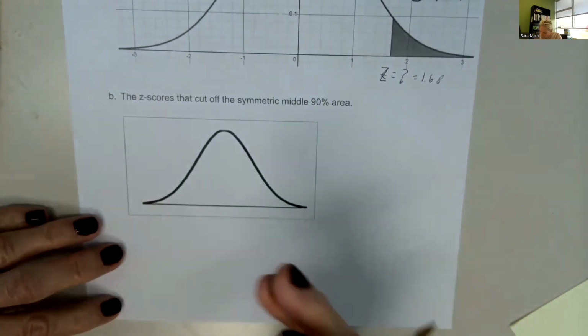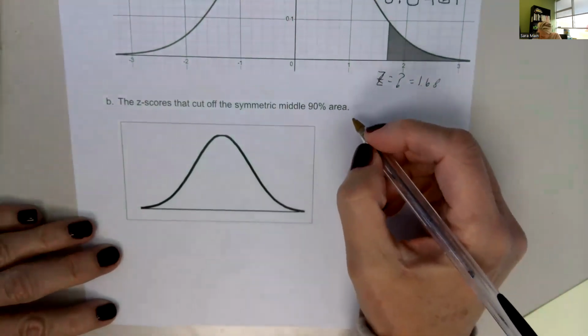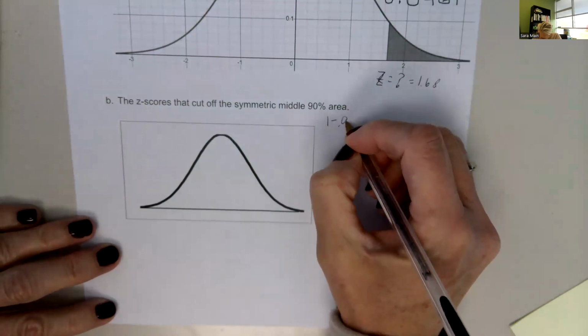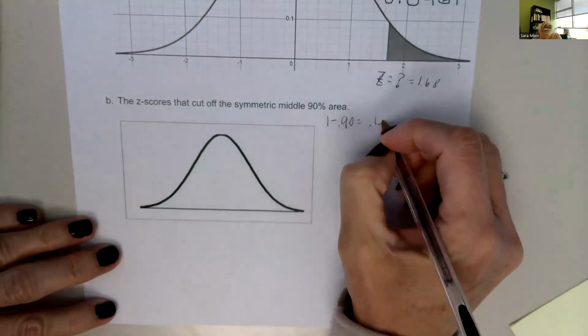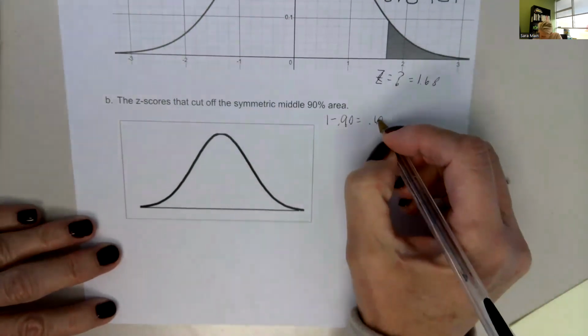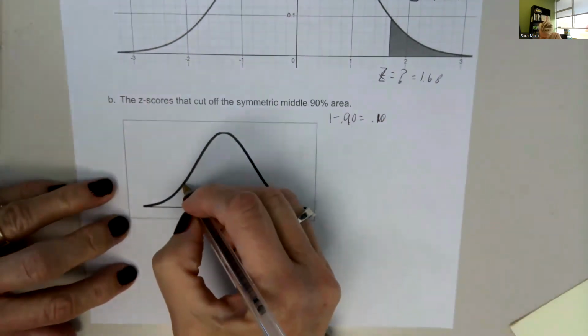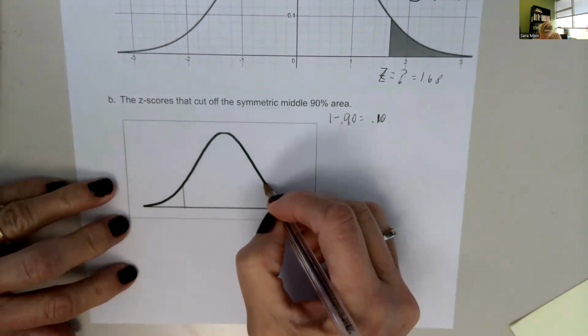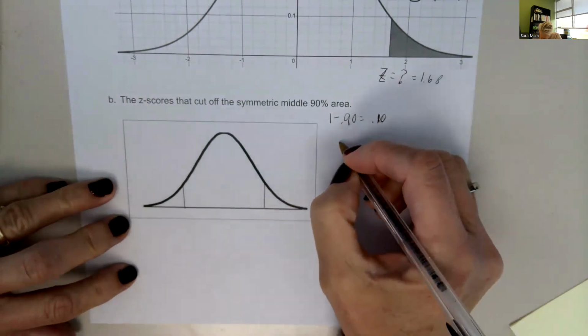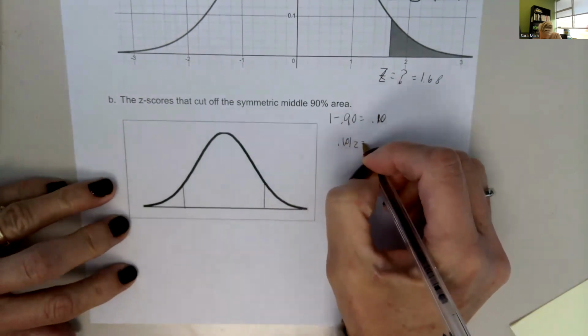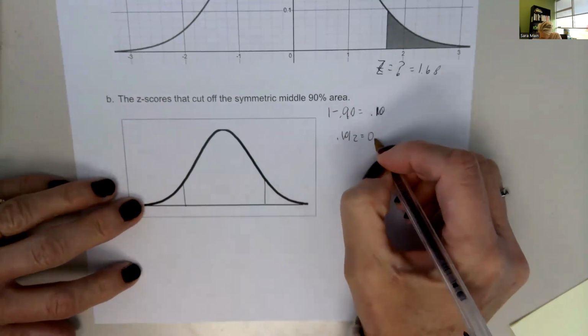So we want the middle 90%. So middle 90% means that we're going to take 1 minus the 0.9, and then there's going to be 10% or 0.10 on either side. Or approximately 0.10 divided by 2, because we want those sides to be symmetric.